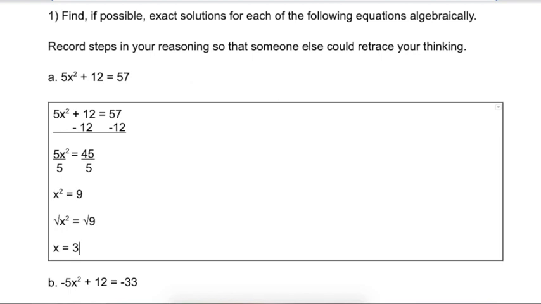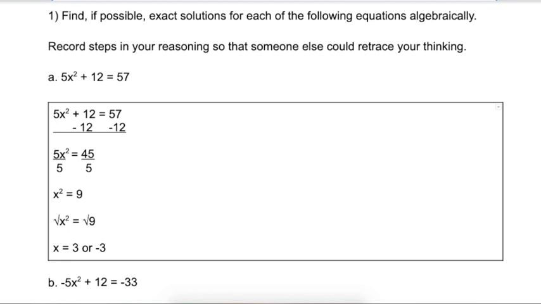So when I take the square root of 9, I've got to keep in mind that 3 times 3 is 9, but also negative 3 times negative 3. A negative times a negative is a positive, so negative 3 times negative 3 is positive 9. Or rather, negative 3 squared is 9, so the square root of 9 is negative 3, or it can be positive 3.